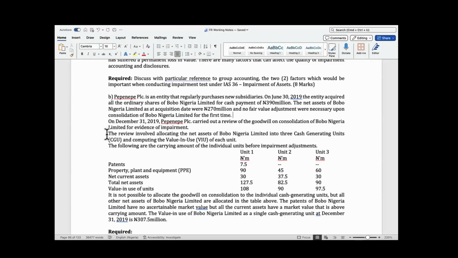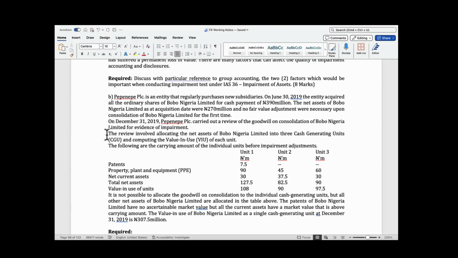Now, what were his findings? He says the review involved allocating the net assets of Bobo Limited into 3 CGUs and computing the value in use of each unit. So apparently, when he wanted to do his value in use, he saw that for a lot of the assets, you cannot individually get their value in use.